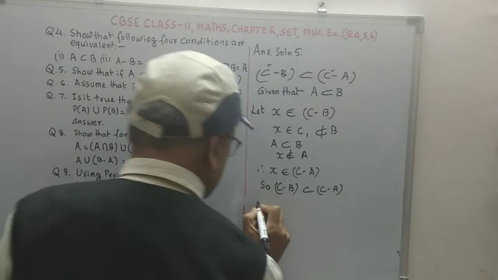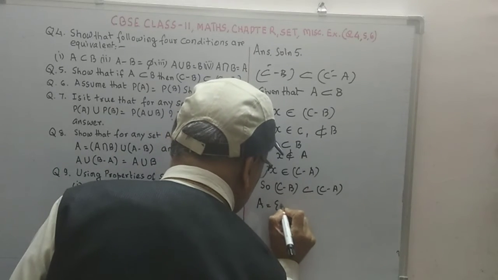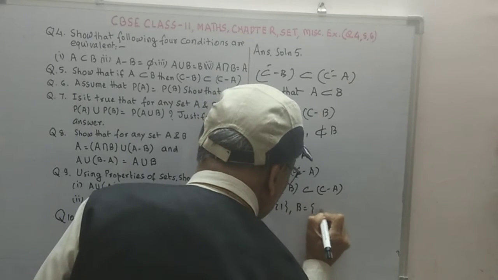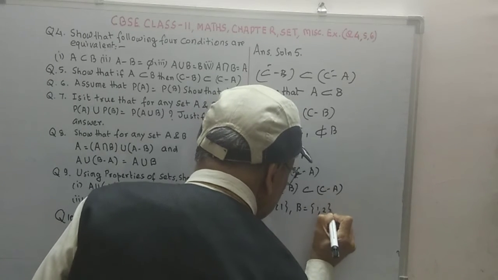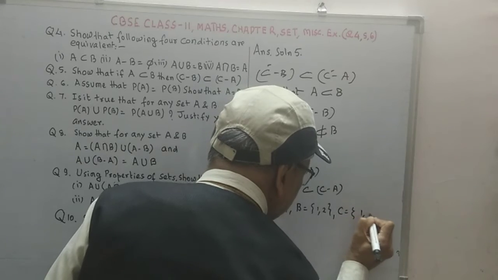Set A is equal to 1, set B is equal to 1, 2, and set C is equal to 1, 2, 3.